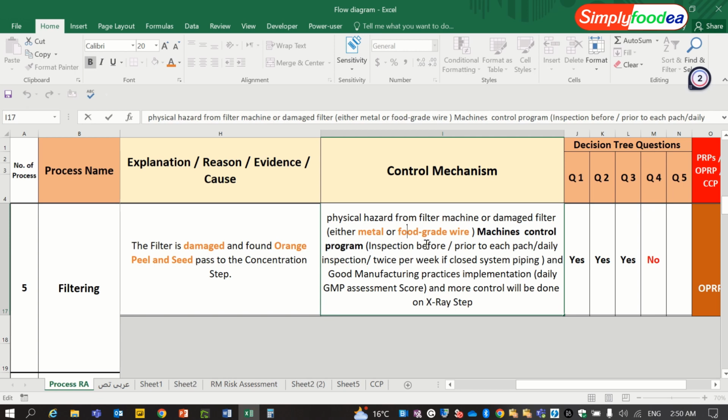So the inspection before each batch, or daily inspection, or twice per week, whichever you are going to use for this control, you must mention it in the HACCP plan.